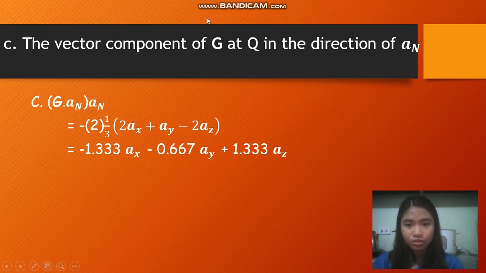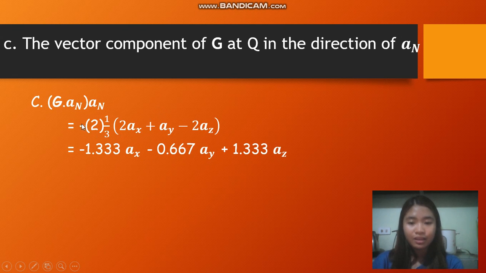Next naman, the vector component of G at Q in the direction of a sub n. So, G dot a sub n, tapos naka-parenthesis, tapos times pa uli sa a sub n. Yung G dot a sub n, ang sagot nun is negative 2. So, negative 2 times 1/3, tapos times pa uli sa 2a sub x plus a sub y minus 2a sub z. Negative 2 times 2 is negative 4 divided by 3, negative 1.333 a sub x.